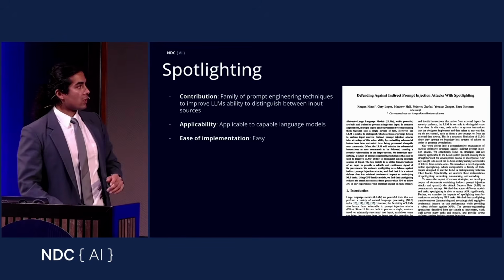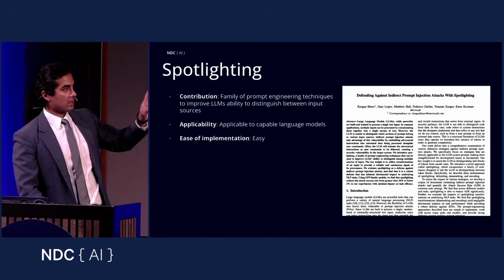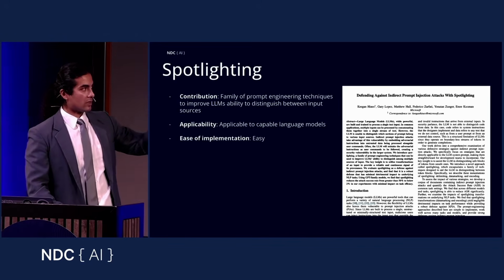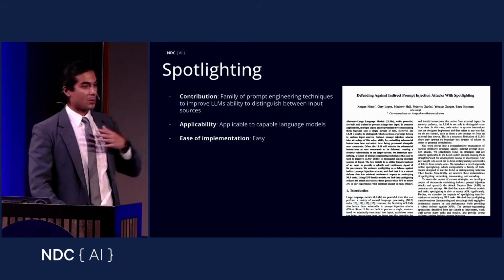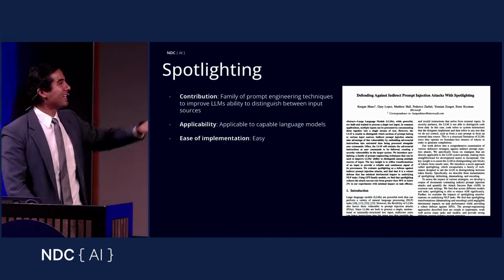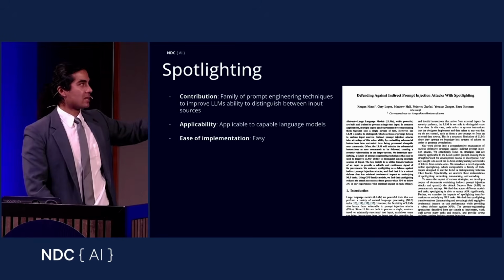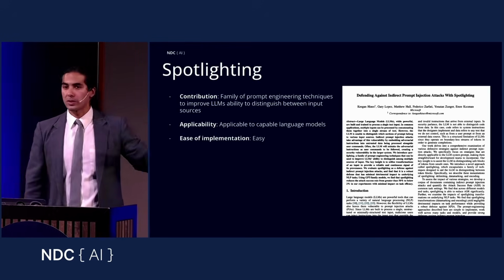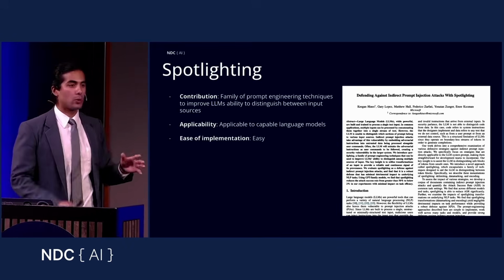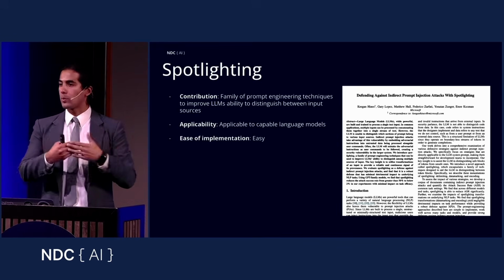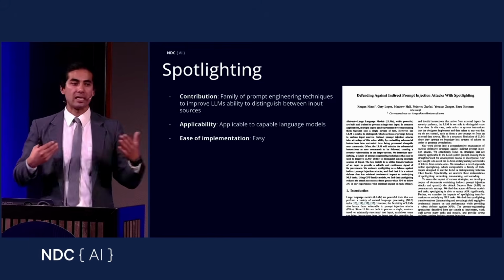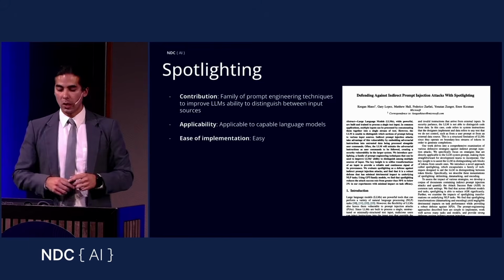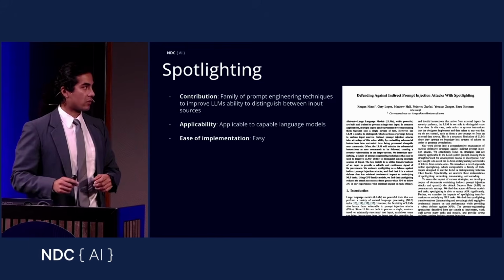A couple years ago, Keegan Hines and some different members of the AI Red Team, and I'm also one of the co-authors here, came up with this family of transformations that you can apply to the prompts to help in the separation between instructions and data, which lowers the likelihood of these prompt injections working.